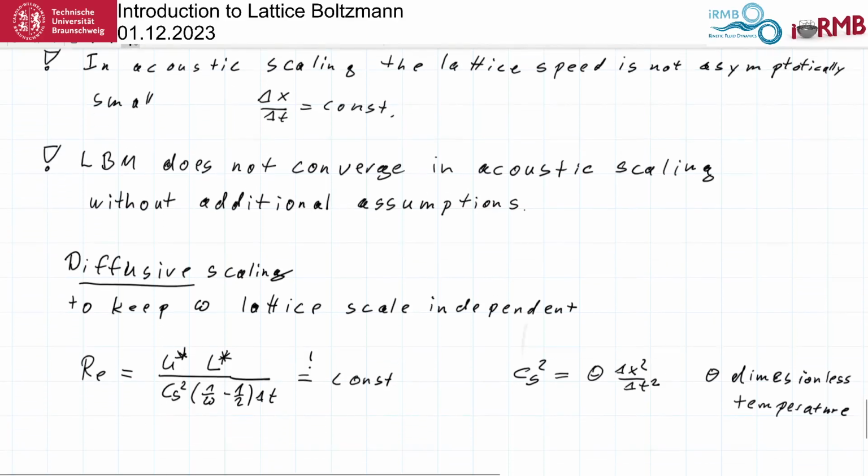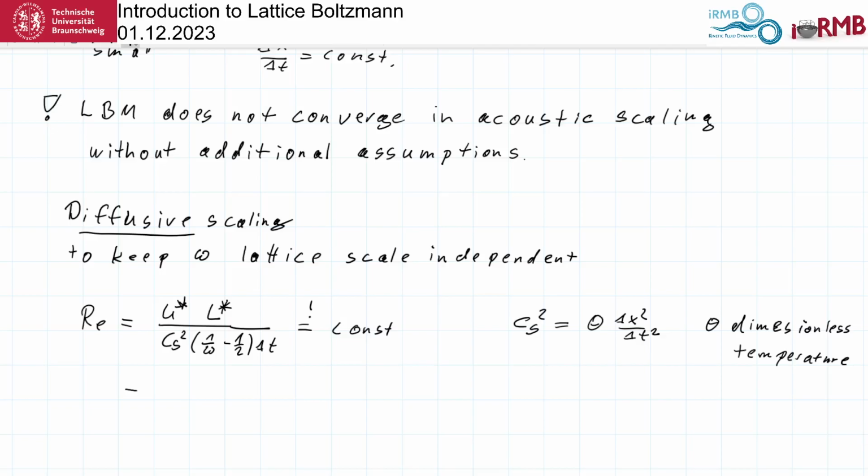So, okay, if we put this into this thing here, then we have U star L star divided by theta, and here we have delta x squared by delta t squared, 1/omega minus 1/2, delta t.